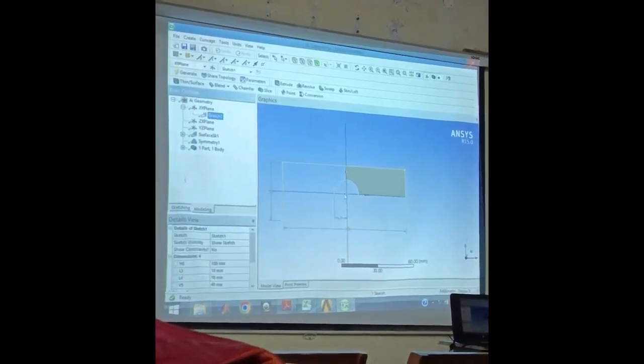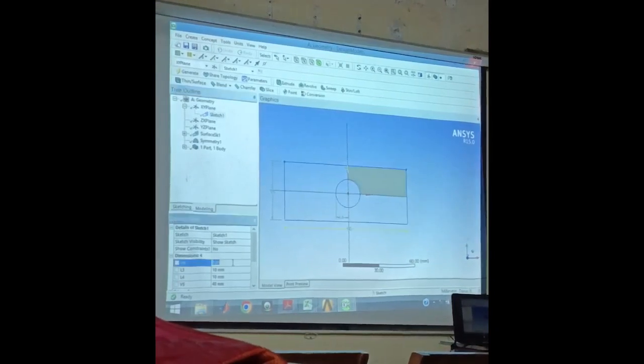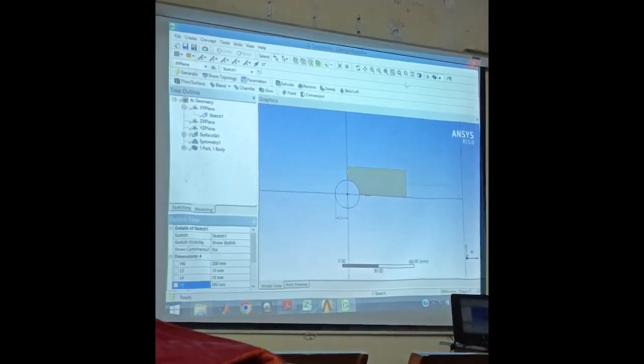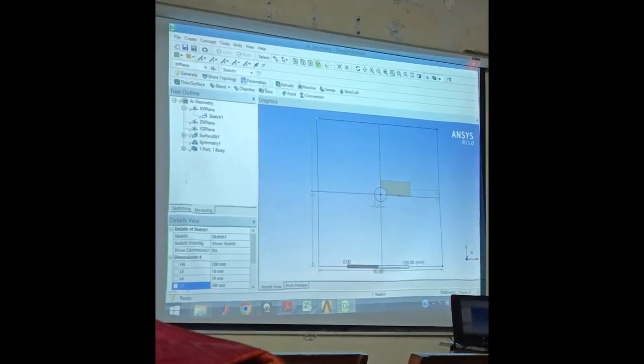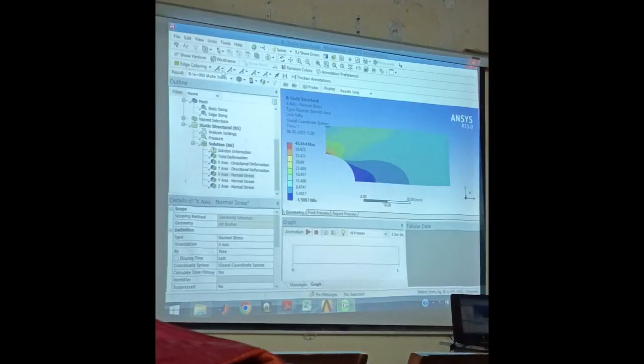Let the circle be as it is and I am changing the plate dimensions. Say 200 and this also 200. Let it be this way. So if I replace the geometry here.